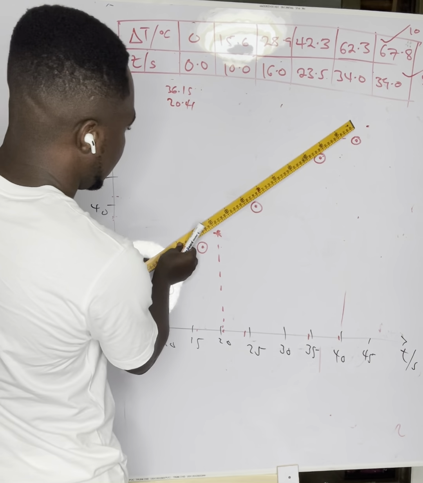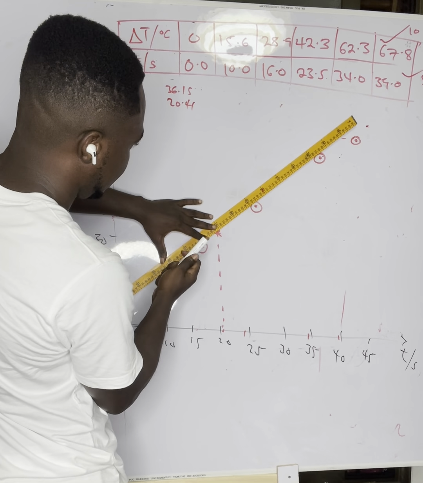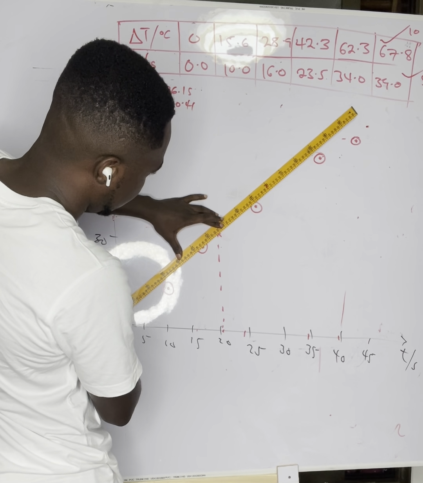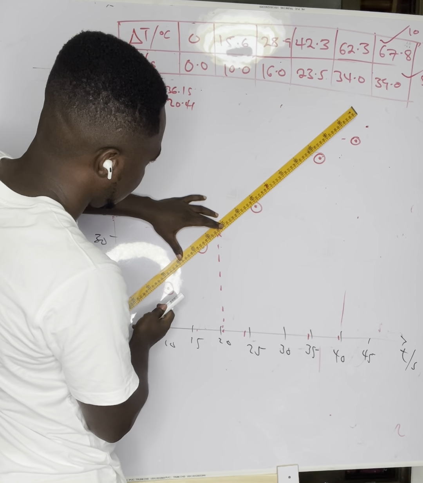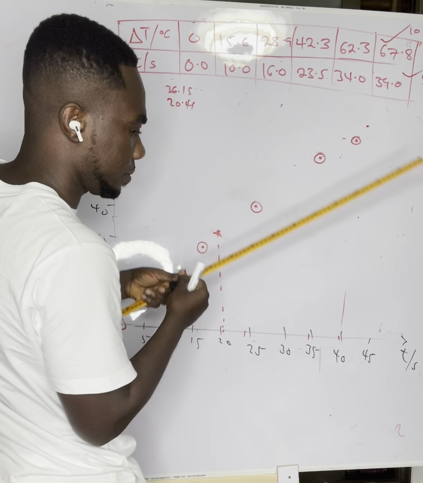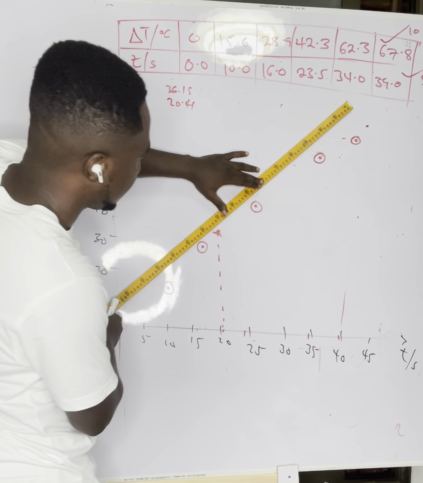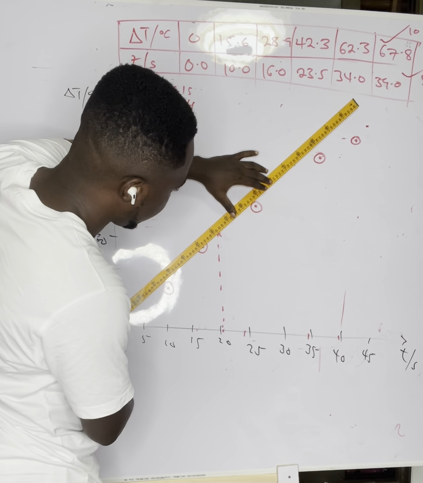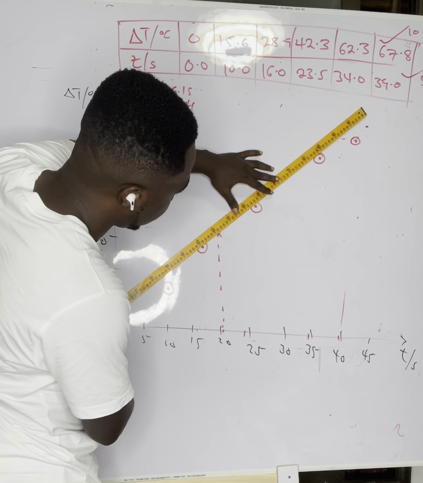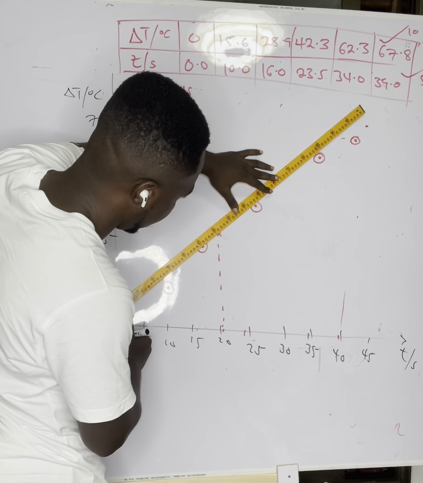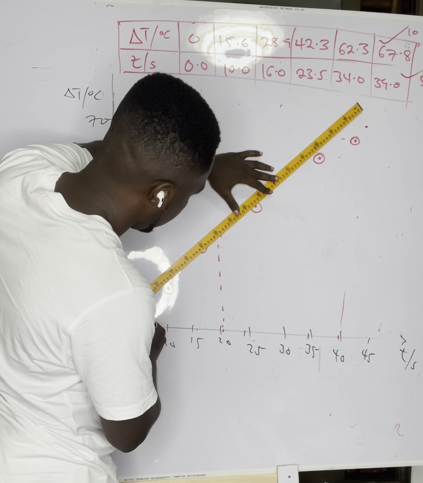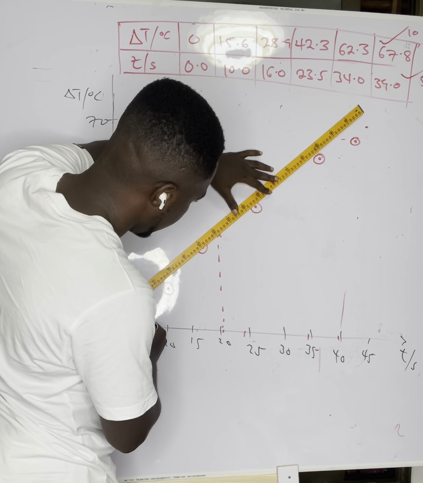So you put your meter rule on it. We are not going to get a perfect line because this is not a standard graph sheet. Some of the values may deviate from the original point. So passing through the centroid.